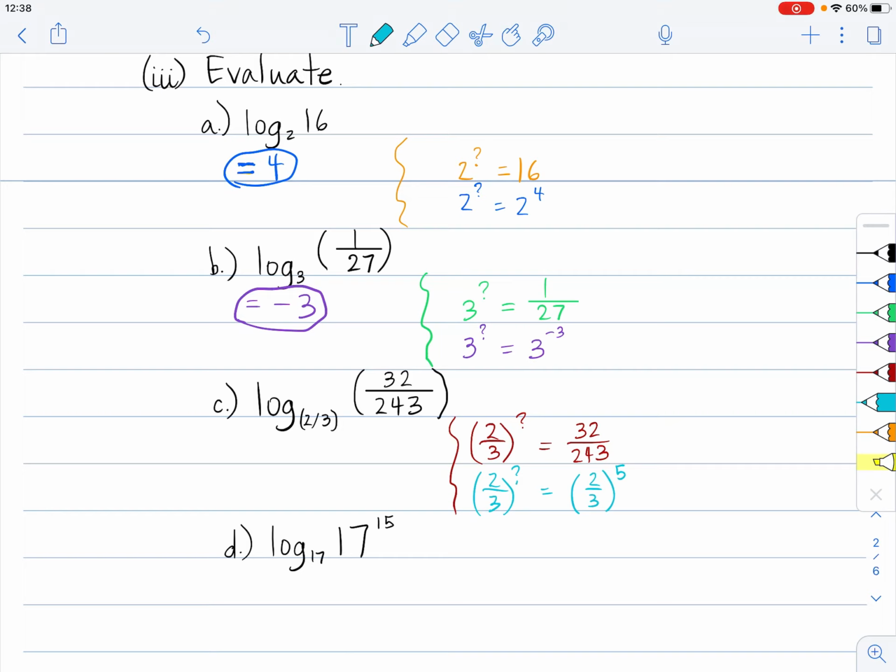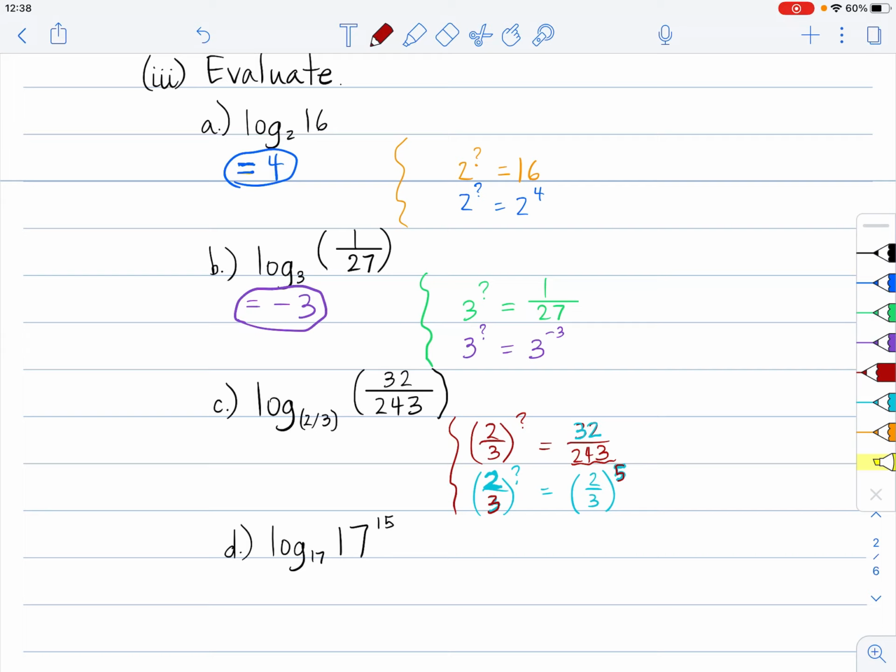Now, if I know that 2 to the 5th power is the 32 here, that means also that 3 to the 5th power is what's going to give me the 243. Why? Because 2 and 3 can't be raised to 2 different powers here. They have to be raised to the same power.